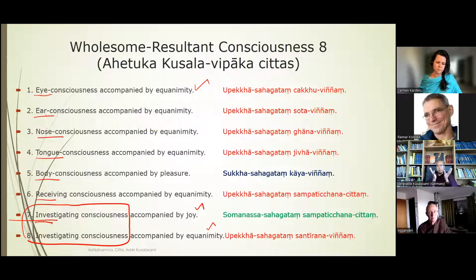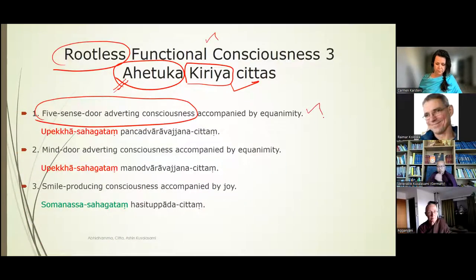After I already look and recognize the object, I give it to the receiving consciousness. The receiving consciousness receives that sky object and hands it over to the investigating consciousness, and the investigating consciousness investigates: what is that, what does it look like? Then it hands over to other consciousness as well. That's why this is the first.